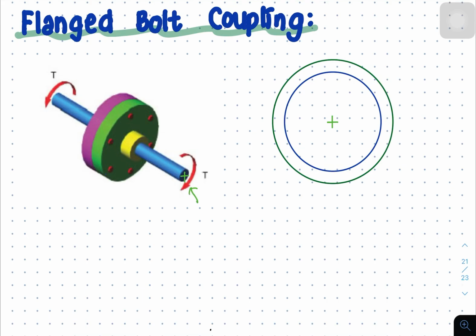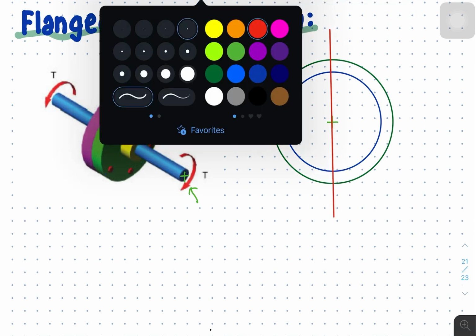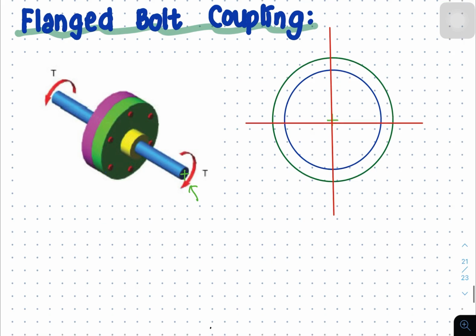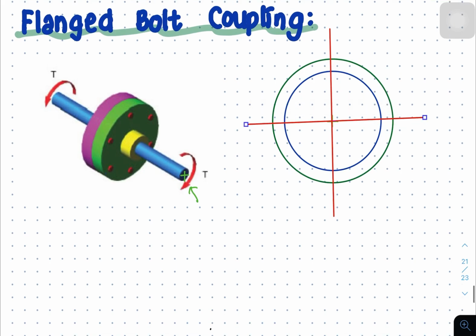Now if I draw an axis to show the location for our bolts, right now I'll be drawing our bolts.